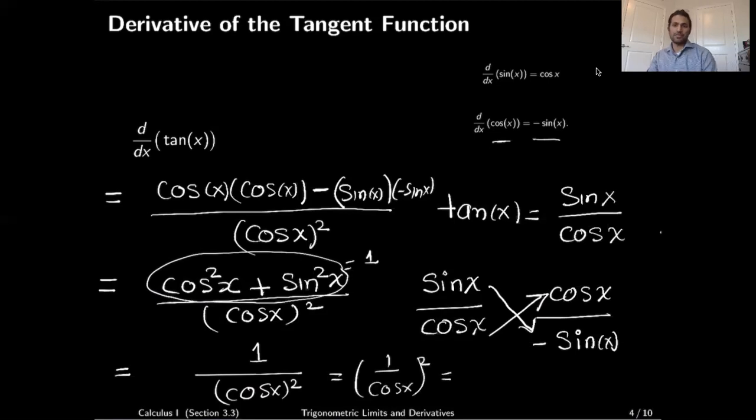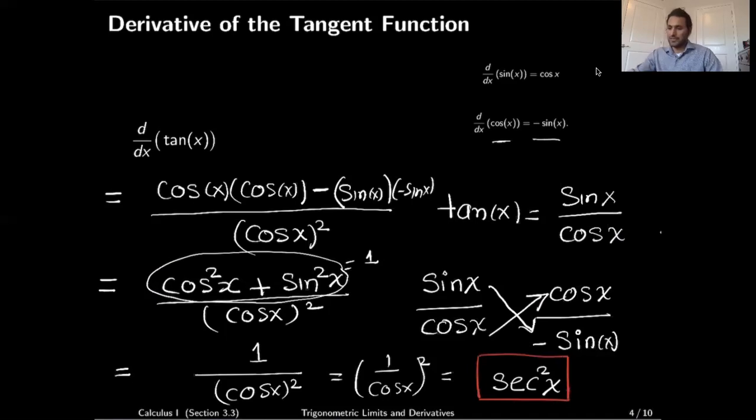And another trigonometric identity, we know that 1 over cosine of x is secant x. So this will become secant square of x. That is our final answer. So the derivative of tangent is secant square x.